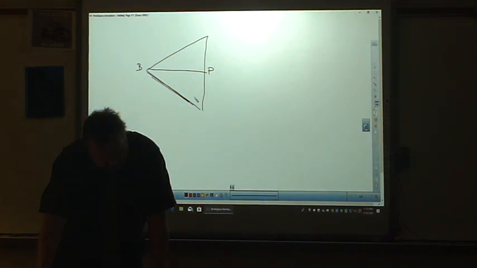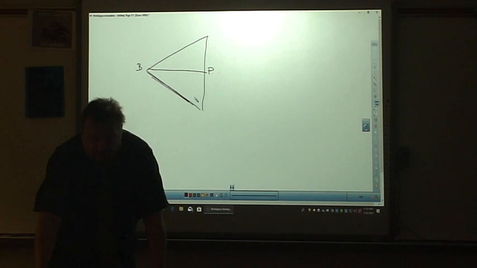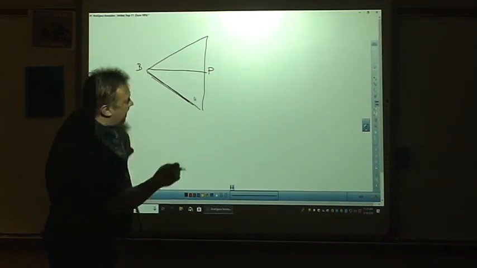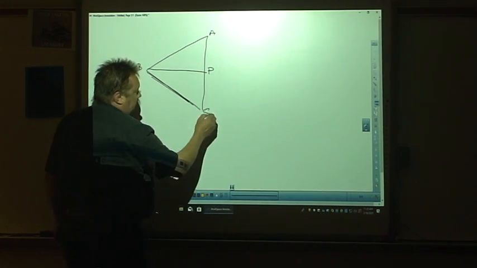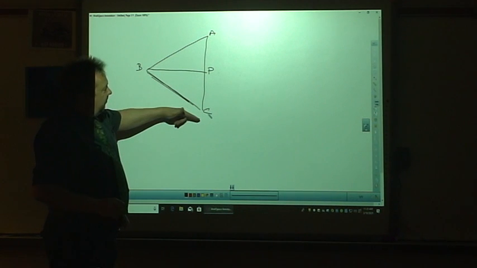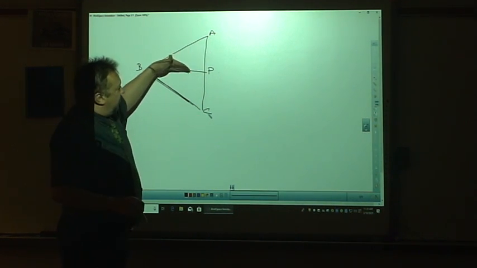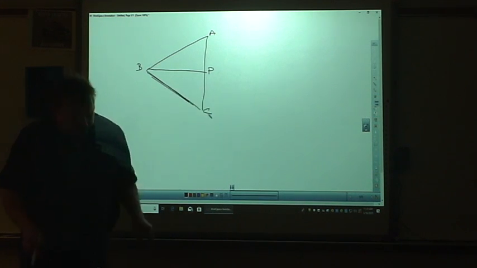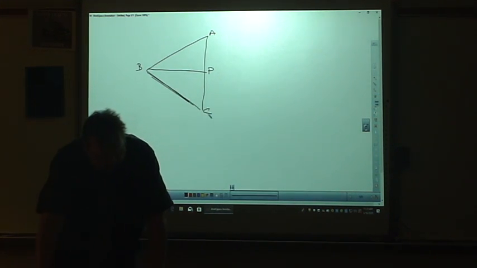Which segment is, between two segments, is BP the geometric mean? Since we have A and C here, it would be between AP and PC, because this over this equals this over this. And we know that by corollary 1 to theorem 49, which is number 4. Corollary 1 to theorem 49.